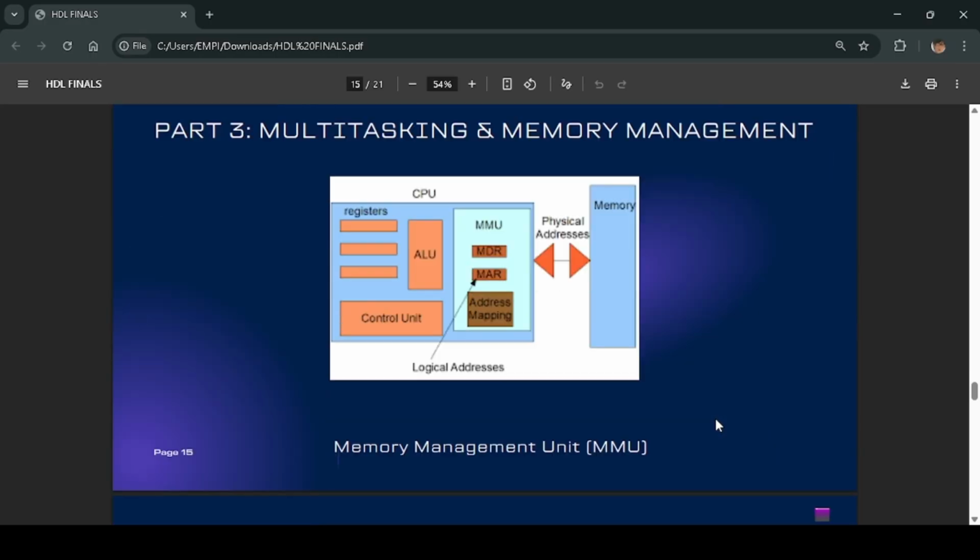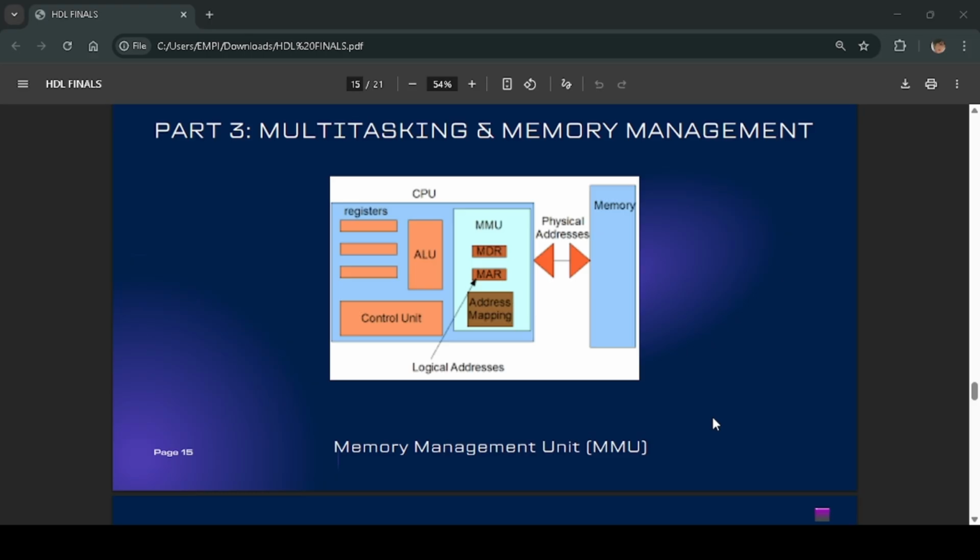Next is the MMU, the Memory Management Unit, expanding memory through virtual memory and paging. The MMU enables a powerful illusion, virtual memory. This technique allows a system to use more memory than it physically has by using disk storage as a slow extension of RAM.